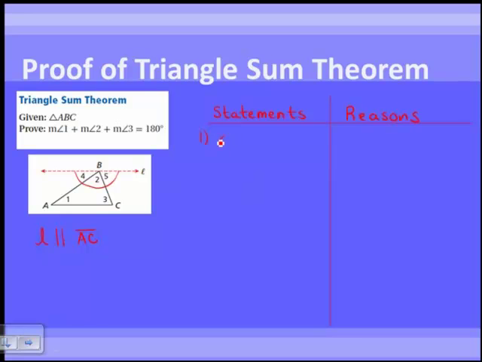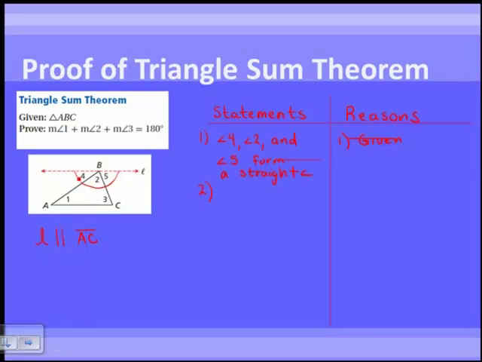So I'm going to start off by saying angle 4, angle 2, and angle 5 form a straight angle. And that is given. We can see that from the diagram.